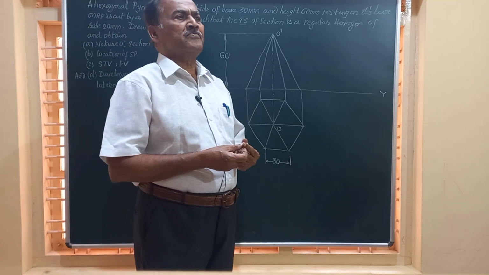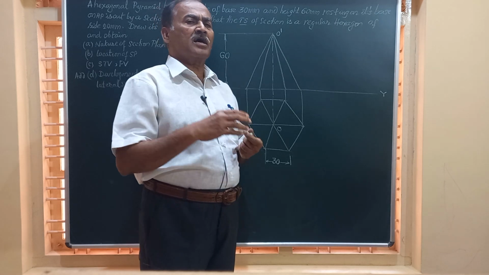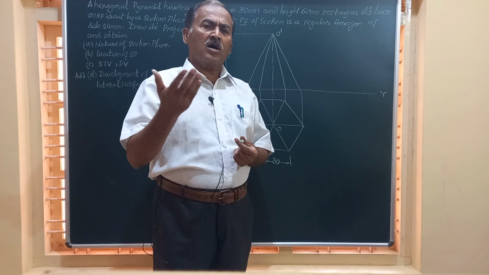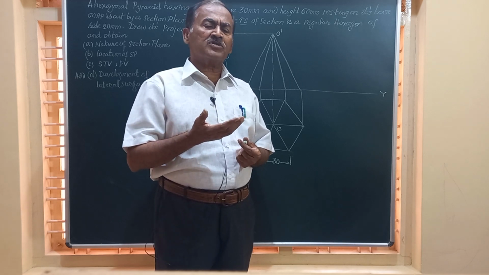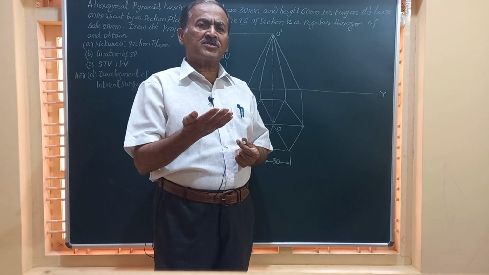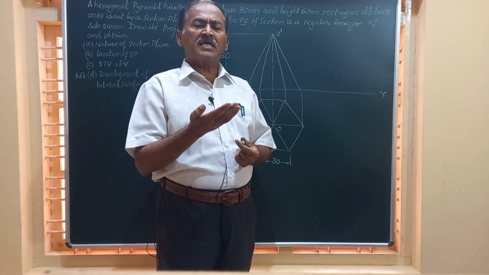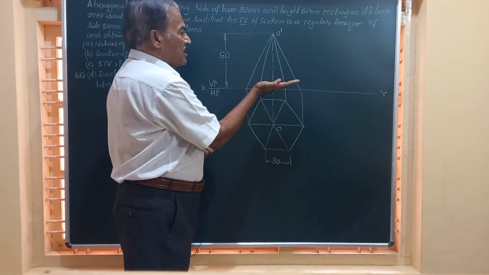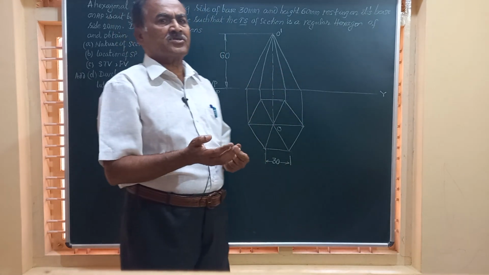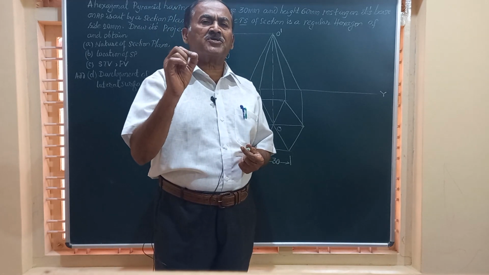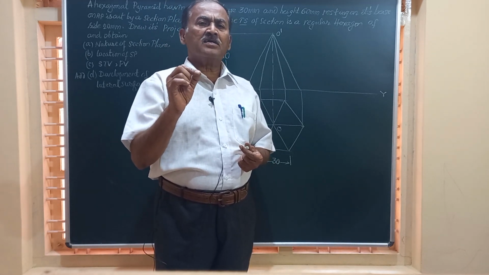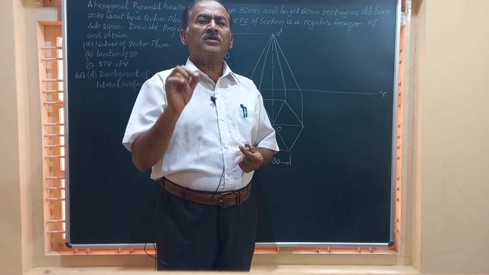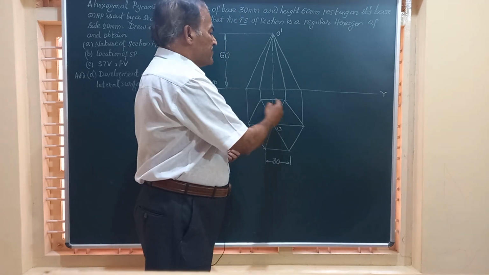Friends, now we should know the simple concept that whenever any of these pyramids or cones are resting on their base and are cut by a section plane parallel to the base, or perpendicular to the axis, the true shape of the section you obtain in the top view is going to be a figure similar to that of the base.